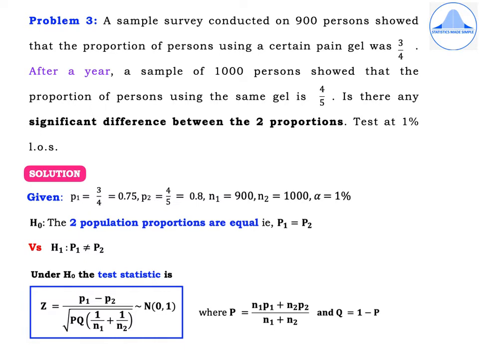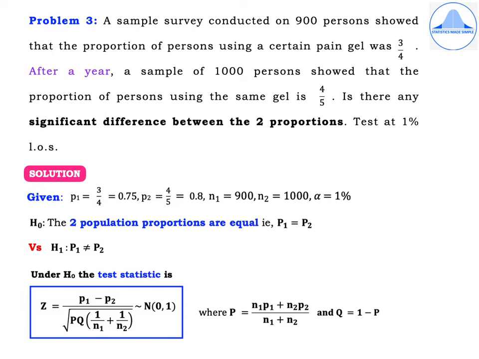So here in this problem, the word proportions are already used and we have two populations, because a survey was conducted during a particular year and again after a year another survey was conducted, and samples were chosen from both these surveys in both the years.